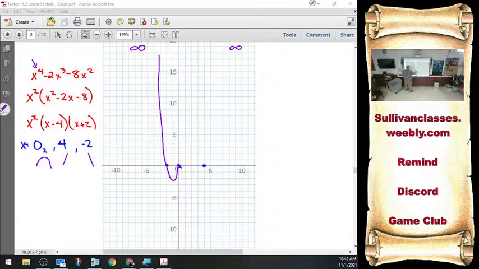Bounces off of 0. I don't know how far. Comes back up through 4. I hope you don't put that on your paper and pen, because if I'm going to graph this for real, I need to know how low does it go. Go grab your calculator and let's find those actual points. Find out how far this thing goes.